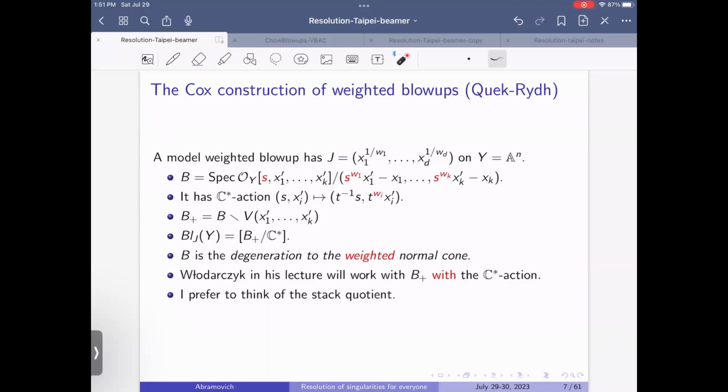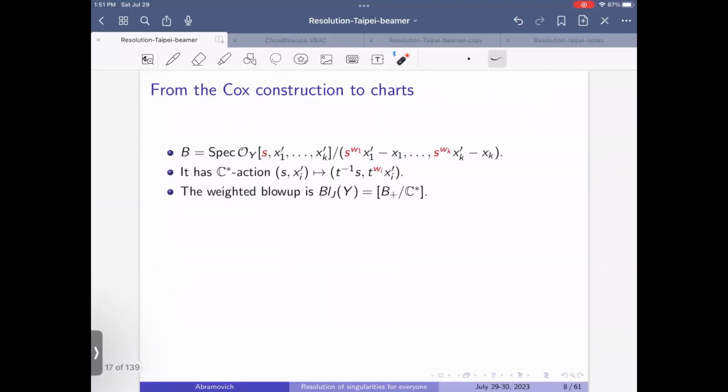So at the end of his procedure, he will have a variety of higher dimension with a torus action, and the quotient stack is going to be the resulting blow-up. So I prefer to think about stack quotients, but the approaches are equivalent. Let's look at charts. And in a few minutes, we'll also have some examples.